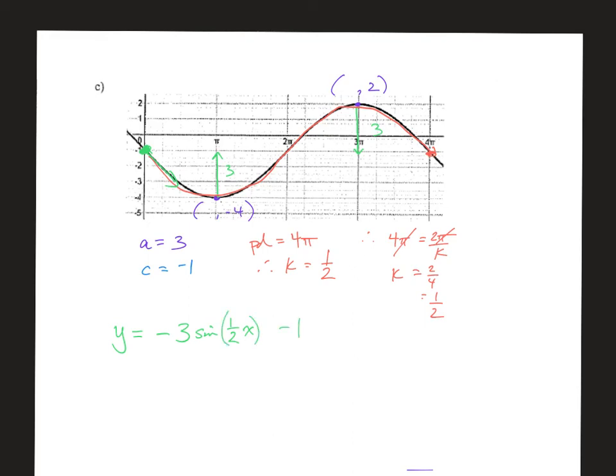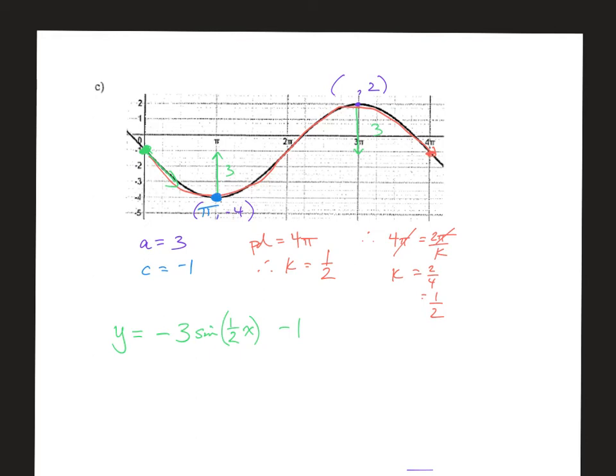Okay, now I have to build a cos graph. Well, this is one of those instances where I say, I know it's a little bit weird, but the first max or min value that I encounter is this point here that would have an x value of pi. It's a minimum value.